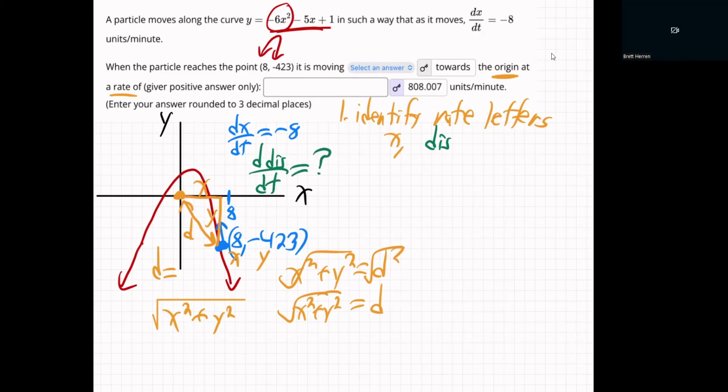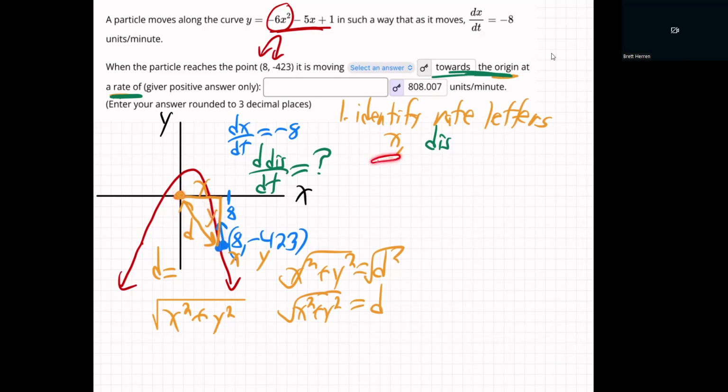That's what they're asking for: the rate it's moving towards or away from the origin. We know it's moving towards the origin, because it's moving in the negative x direction from positive 8. It doesn't go straight, it goes along the curve, but as it does, it's getting closer to the origin.